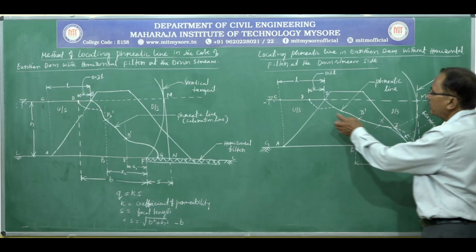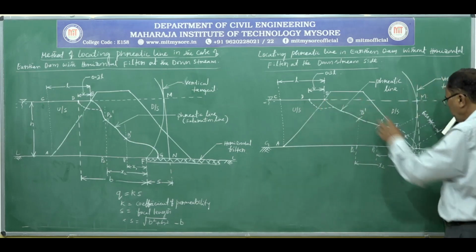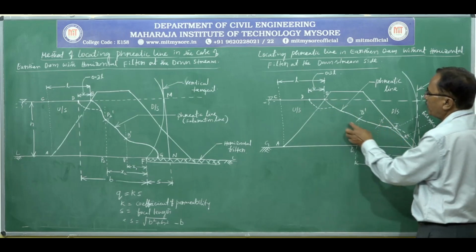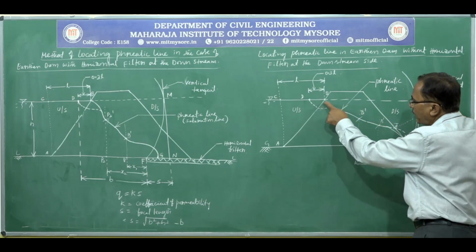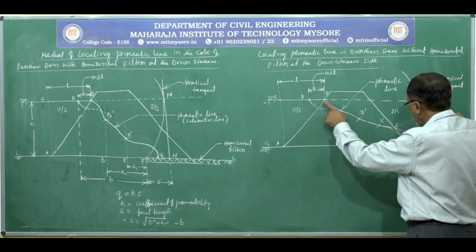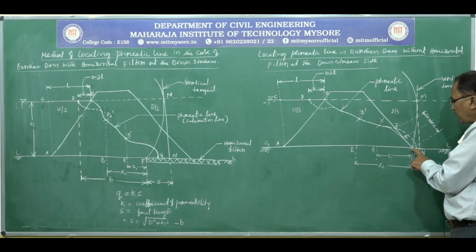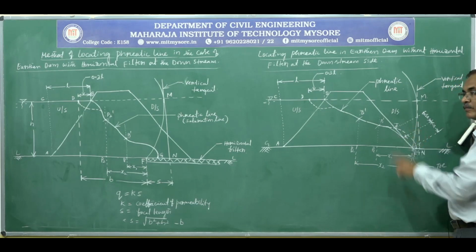Next, join the points from point B to point G by means of a smooth curve. The phreatic line will meet the boundary equipotential line at a right angle. Similarly, the same phreatic line will meet the ground surface at a right angle.